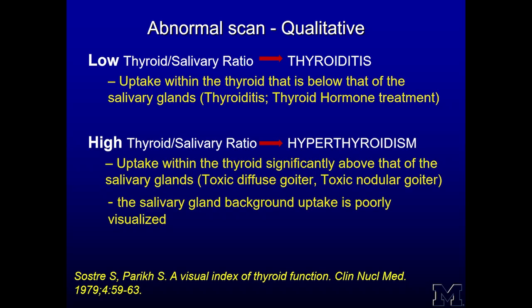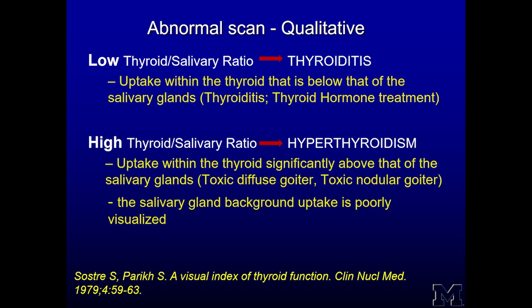So in conclusion, a low thyroid to salivary gland ratio is indicative of cellular damage due to inflammation at the level of the thyroid gland. Therefore, the thyroid gland is not able to hold up the radioisotope.